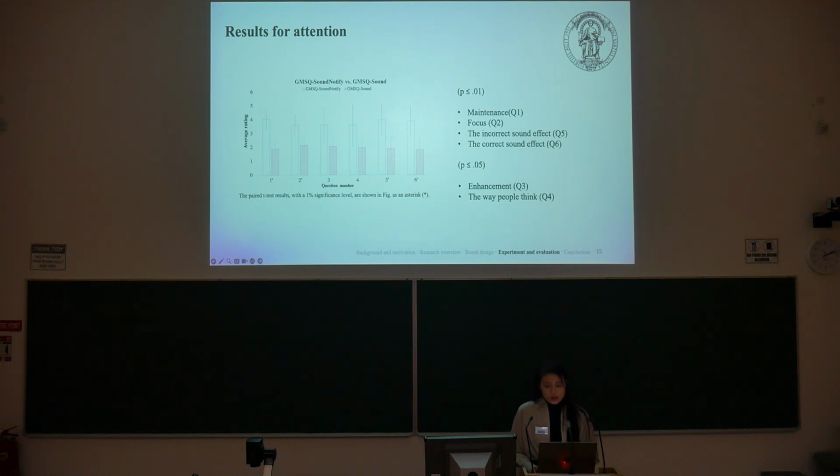In addition to this, further t-test results show a significant difference in all of them, especially in maintenance focus and the feedback information, including the incorrect sound effect and correct sound effect. So compared to the standard sound version, the notification version has a positive effect on attracting more attention from users.